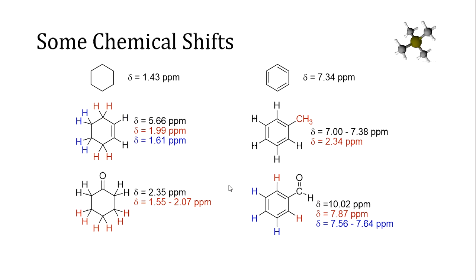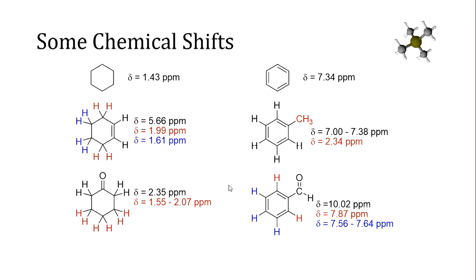And then the other 6 hydrogen atoms around the ring have chemical shifts that range between 1.55 and 2.07 parts per million. So the effects of both electronegativity and pi bond deshielding can propagate a pretty far distance in a molecule.